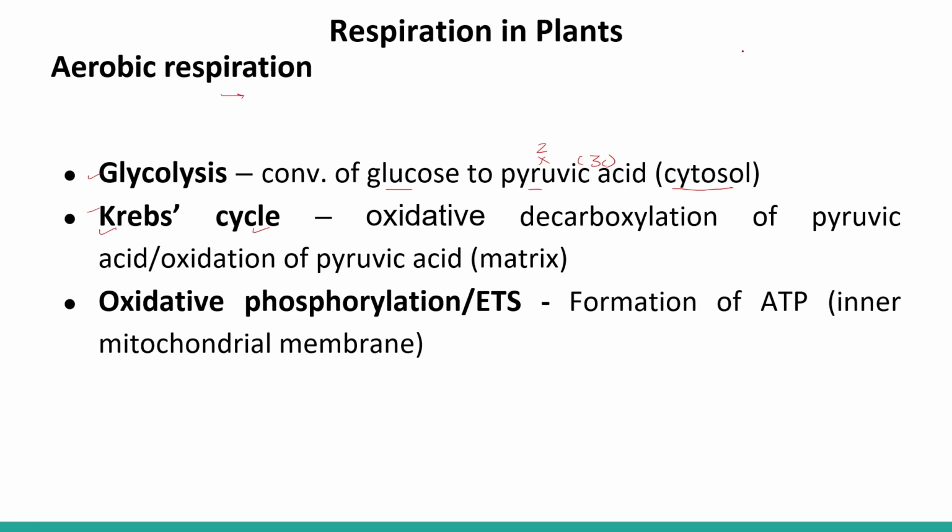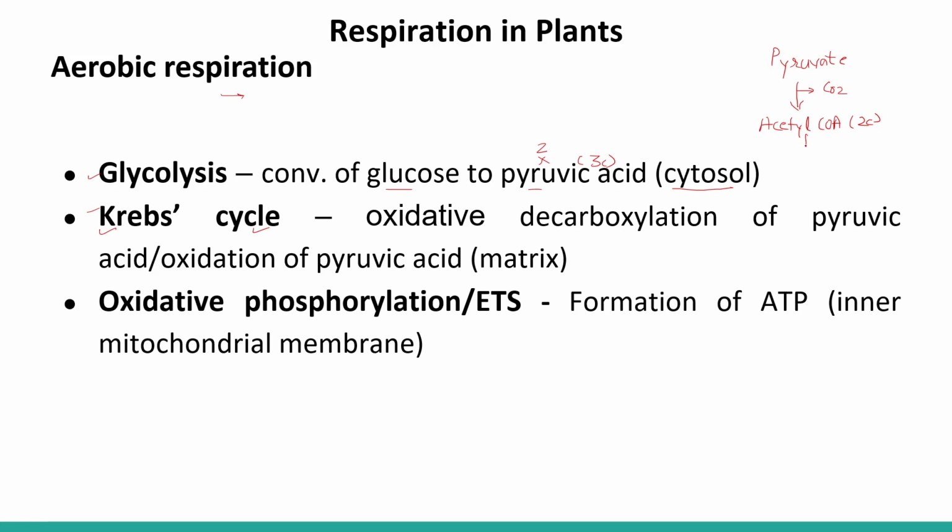So pyruvic acid, or you can say pyruvate, which is produced during glycolysis, is first converted into acetyl coenzyme A, which is a 2-carbon compound. Carbon dioxide is released here.